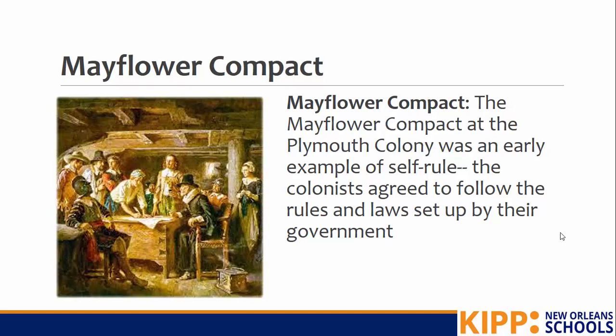The colonists agreed to follow the rules and laws set up by their government. So this is significant for a lot of different reasons. It creates somewhat of a democracy in the American colonies. It's also important because this is a clear step when people are saying, we all agree to be ruled by these laws, and we're going to help write them all together. So this is when people are agreeing to be ruled.